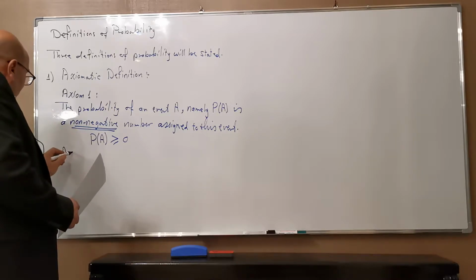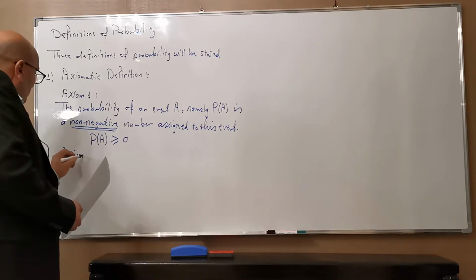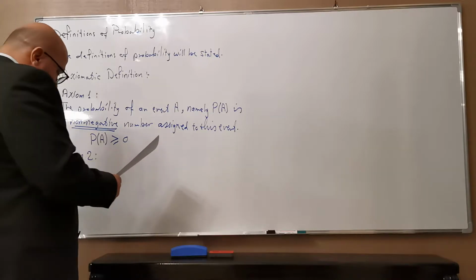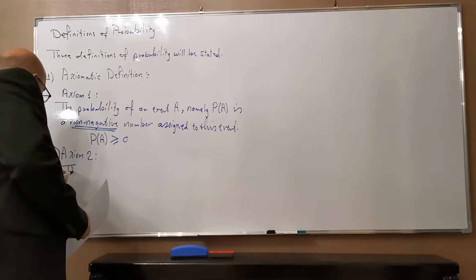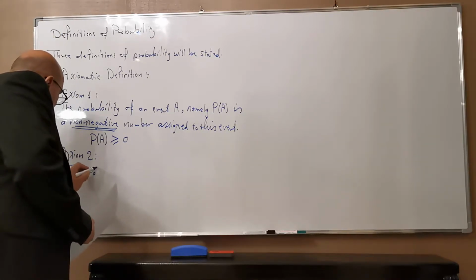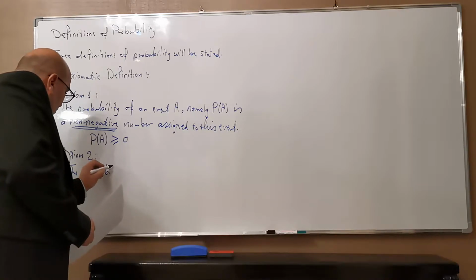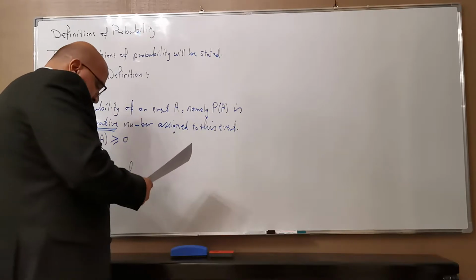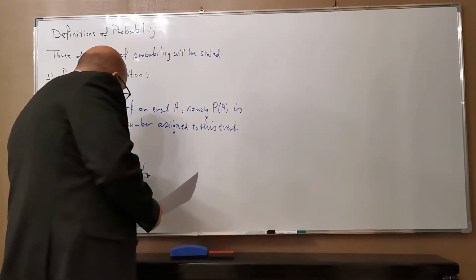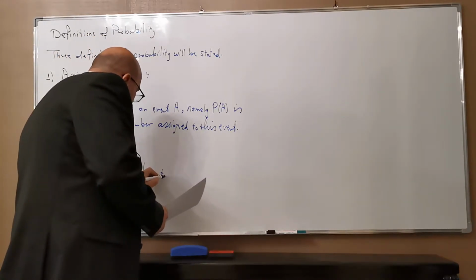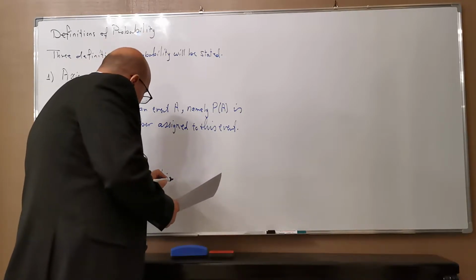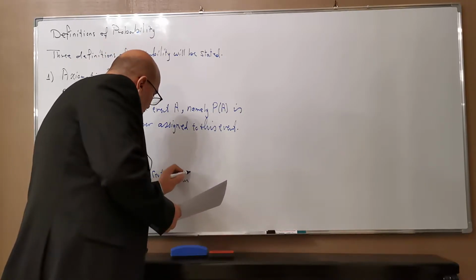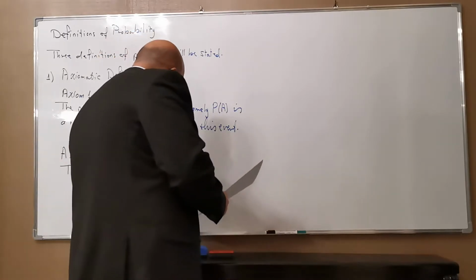Axiom 2, the probability of the certain event equals 1.